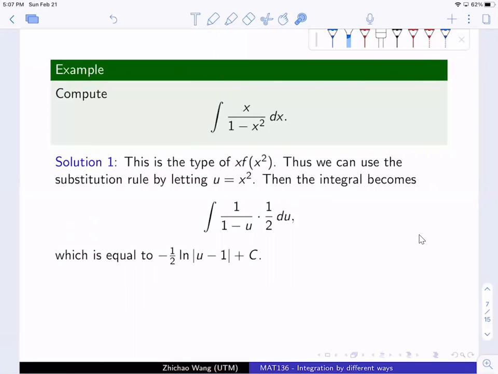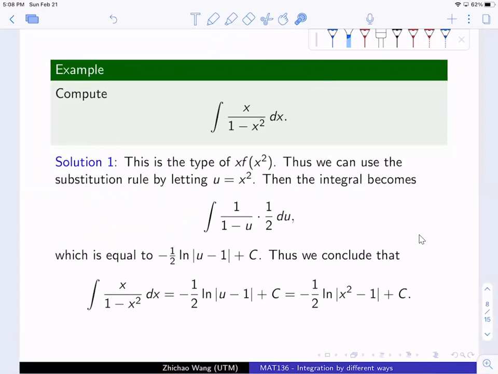And then we compute the integral and it becomes minus 1 over 2. Here 1 over 2 can be put outside, and the inside would be ln of the absolute value of u minus 1.